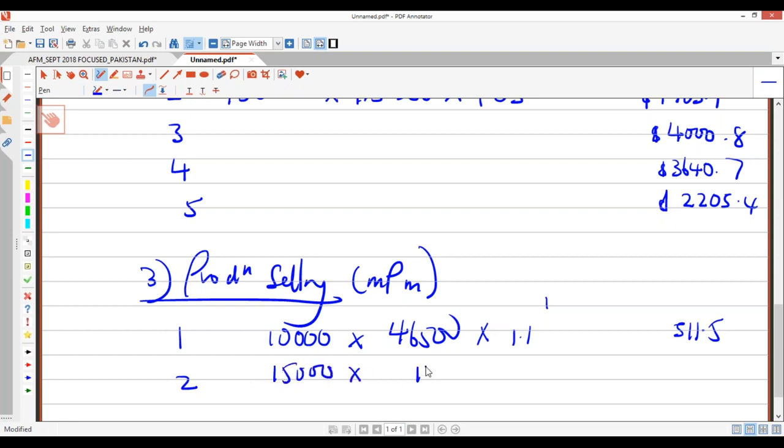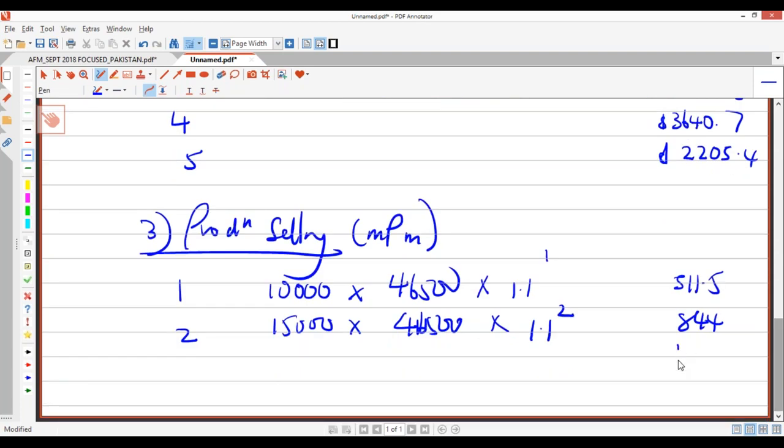Year 2, you're going to do the same thing: 15,000 multiplied by the same costing, multiplied by 1.1 to the power of 2. That's going to give us like 8044, and you're going to get here 1856.7, 1770.1, 1123.3.